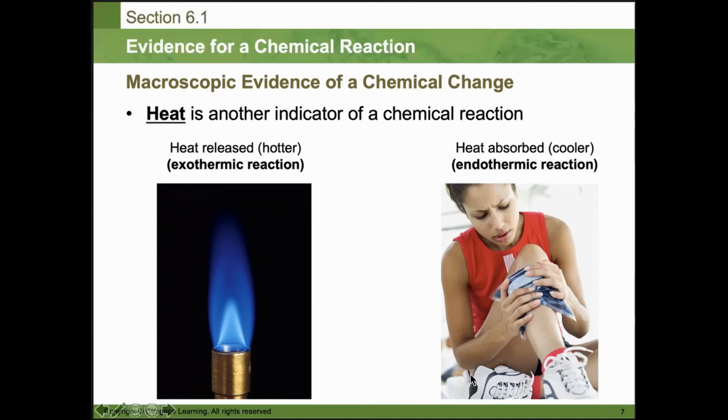That is an indication that there's a chemical reaction occurring within that bag, and it is an endothermic reaction. So heat is getting absorbed into the reaction, and that's cooling you off, for example, if you have an injury, something like that. So we've got a variety of ways where we see some kind of macroscopic indication that we have a chemical reaction.